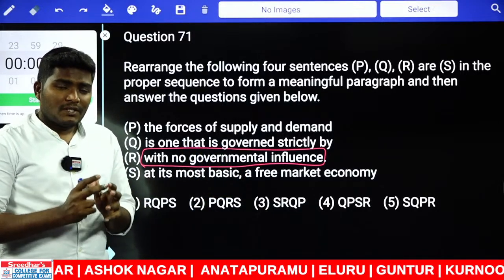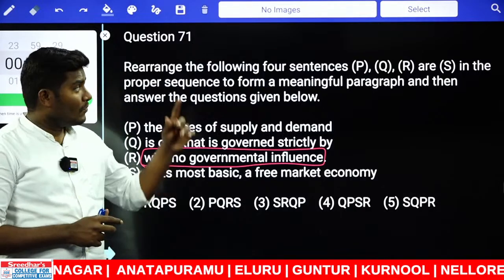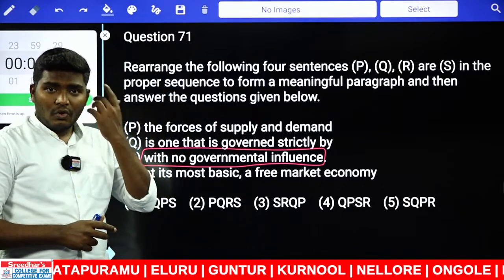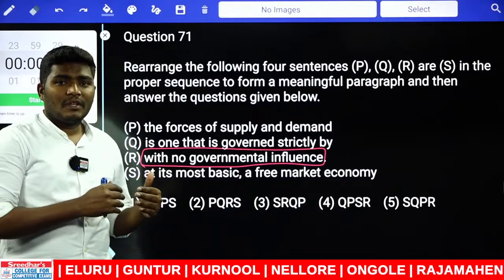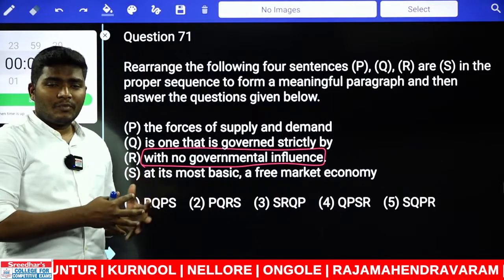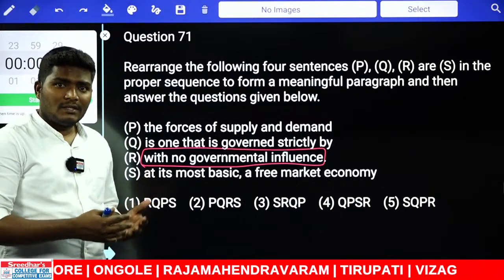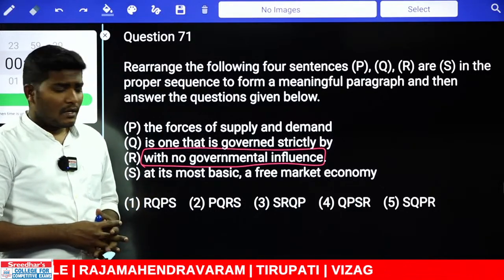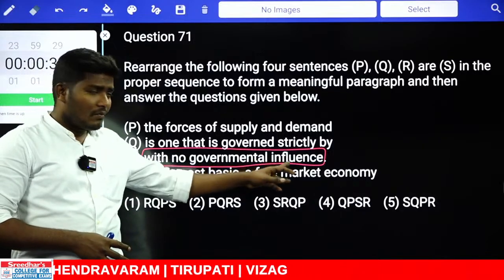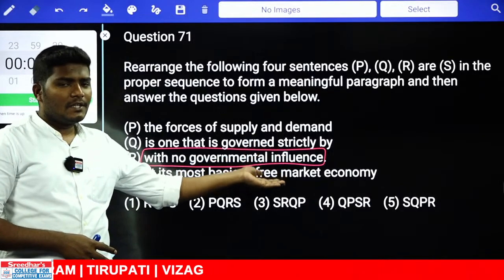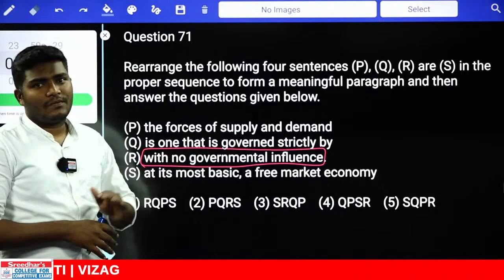Remember, this phrase also can be used as the beginner, just like the word "of" before. So: "with no support from the family", or "with a lot of confidence". You can use all these combinations. So "with no governmental influence" can be either the beginning or the ending of the sentence. That is a prepositional phrase.